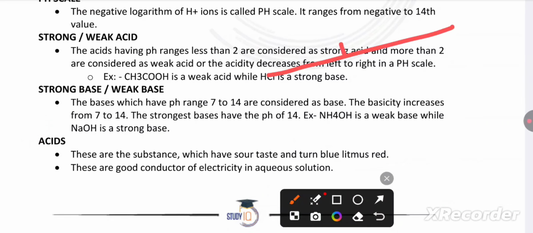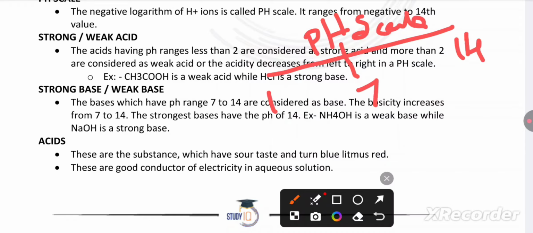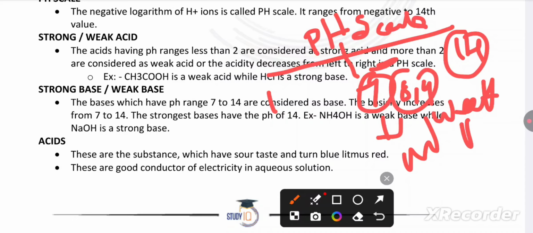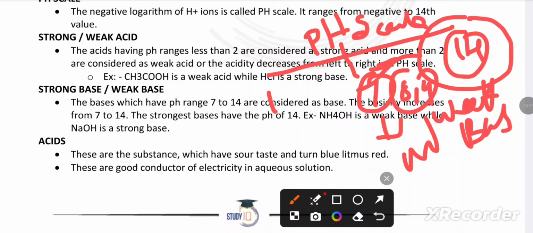Now let me explain about pH. This is the pH scale. pH values range from 1 to 14. 7 is neutral. Toward the right, near 8 or 9, is called a weak base. Near the end region is called a strong base.